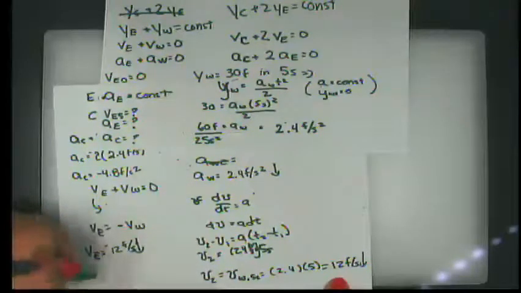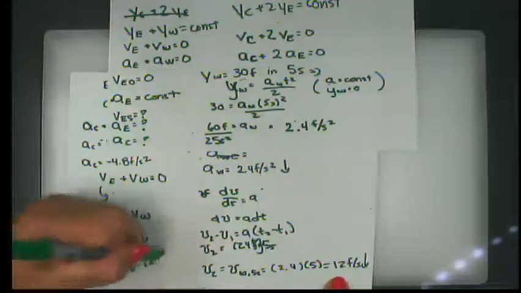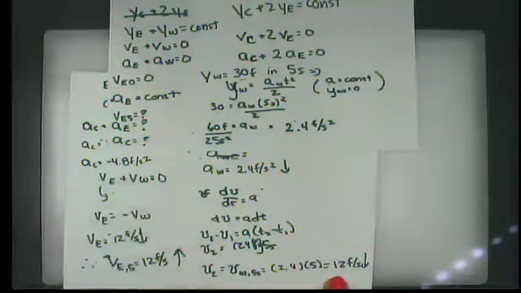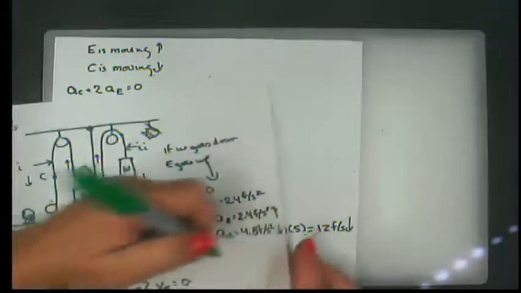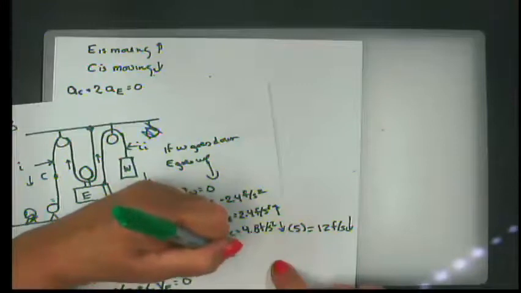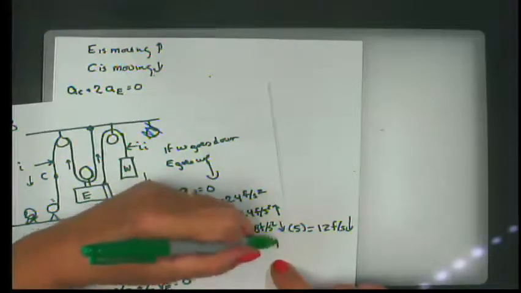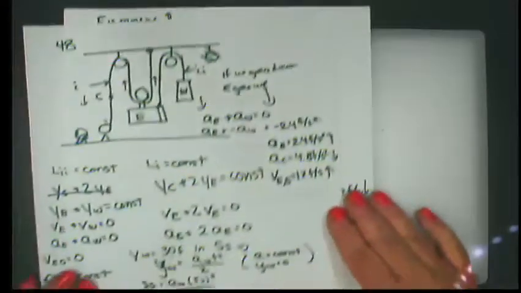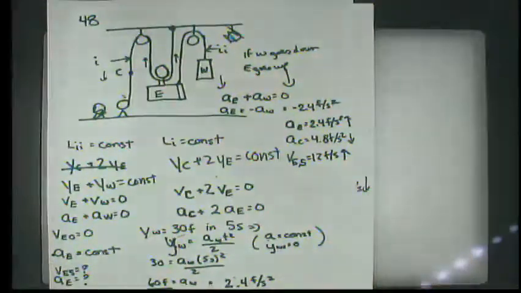So therefore, the velocity of the elevator at 5 seconds is equal to 12 feet per second up. Okay. All right. Do you guys have any questions about that?